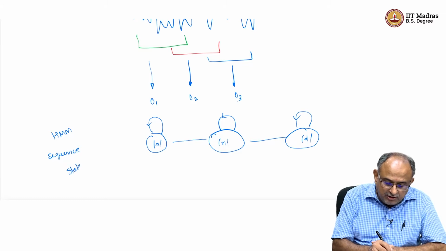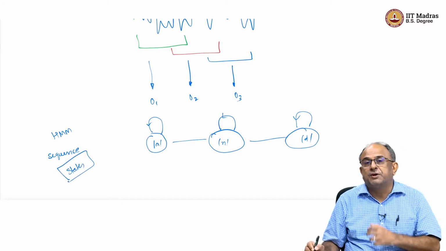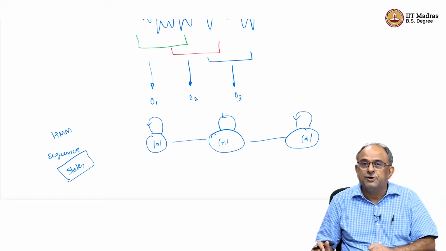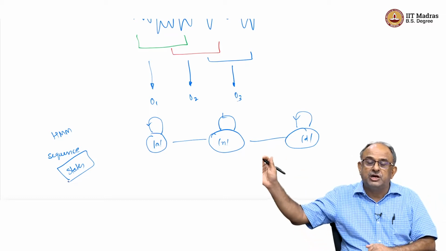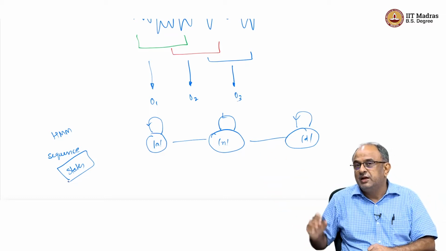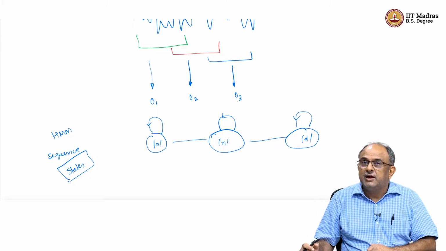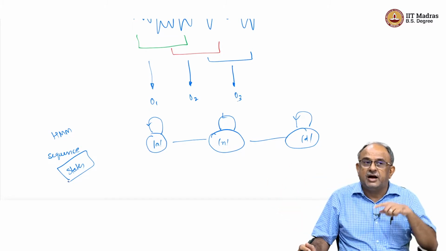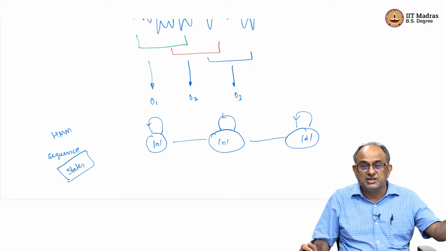The analogy is always with respect to what we did for the weather. Somebody is sitting inside a cave. I observe outside whether it's sunny, cloudy, rainy. Those are the states. But in a hidden Markov model, I cannot observe the states. I see a related phenomenon, which is the condition of the grass.